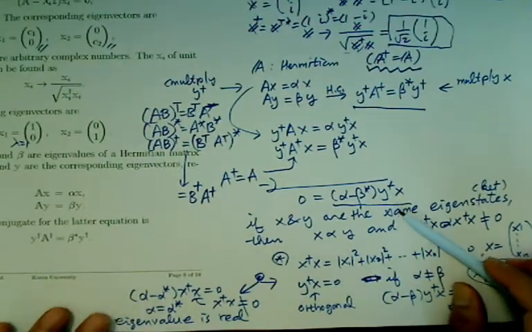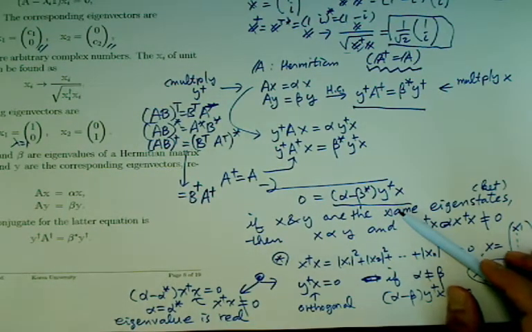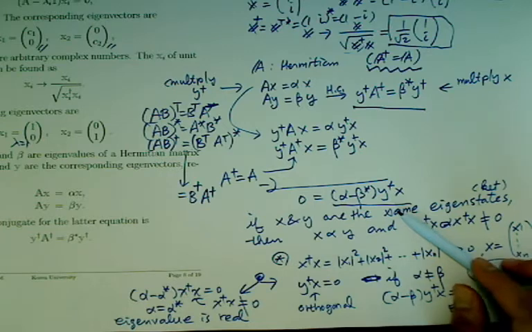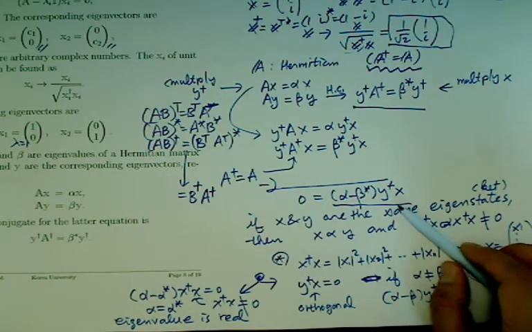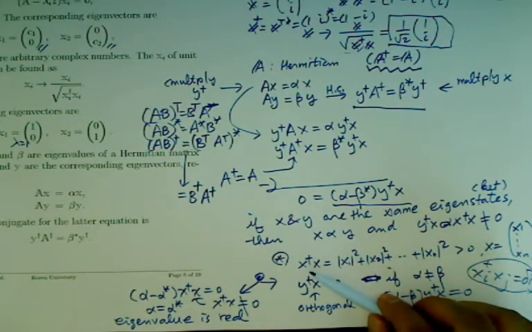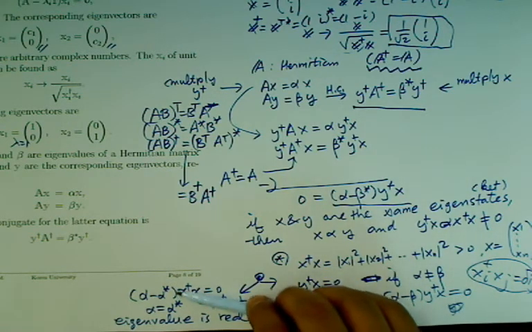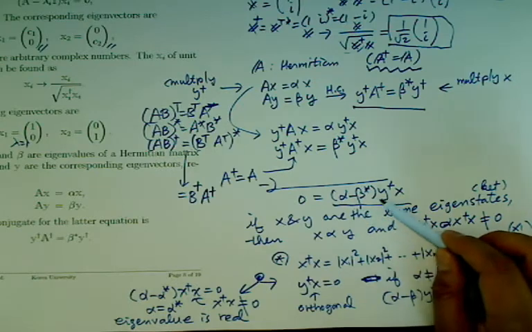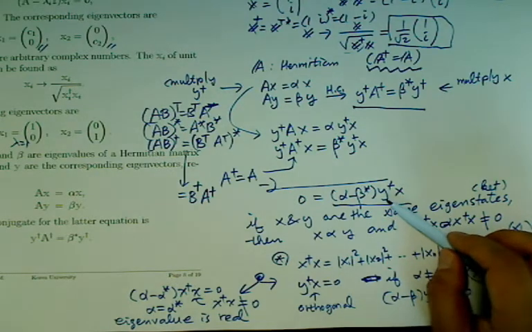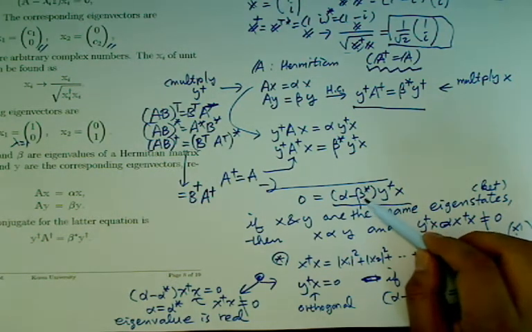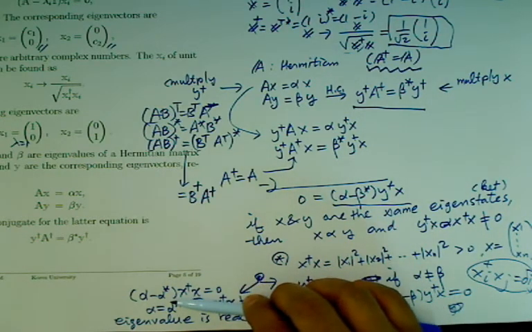Suppose that x and y are the same eigenvectors. If the eigenvectors are the same, then the eigenvalue must be the same. Therefore, what we find is x dagger x multiplied by alpha minus alpha star.